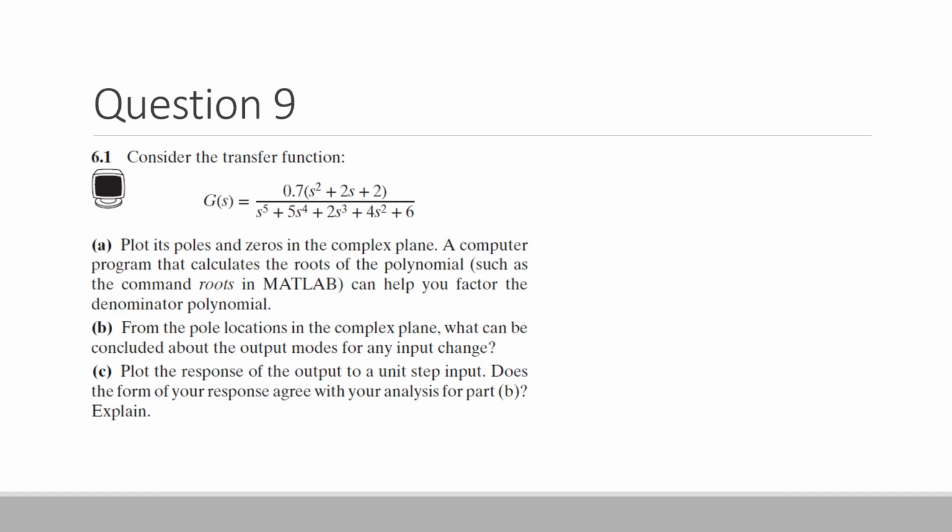Then we also have to plot the response of the output to the step input, and see whether the form of your response agrees with your analysis in part B. You won't be able to solve this manually since we have a fifth order polynomial in the denominator, so I will just show you the solution using MATLAB.